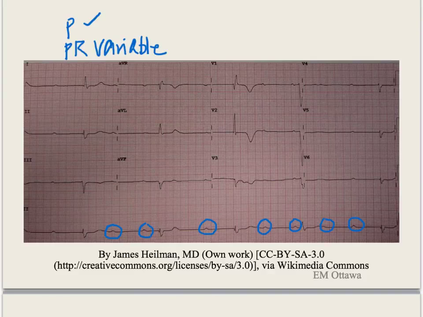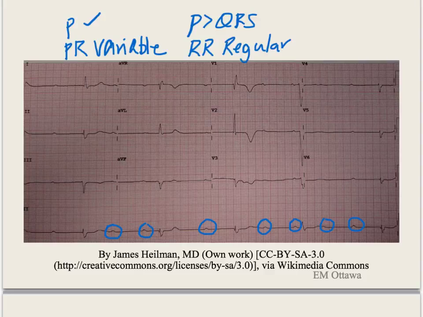Is there a relationship between P and QRS complexes? Looks like there are way more P waves than there are QRS complexes. So the next question is, are the RR intervals regular or irregular? The RR interval in this ECG is regular, and the QRS complexes are narrow. Based on the criteria that we looked at, this is another example of a complete heart block.